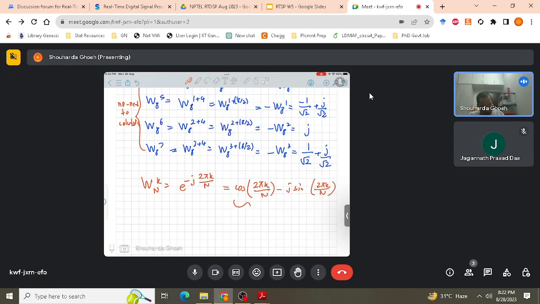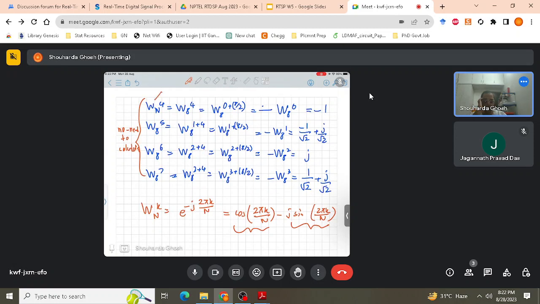You have to calculate cosine, you also have to calculate sine, both of them. So that's why I am talking about calculation. In these cases, Wn of 4, Wn of 5, Wn of 6, Wn of 7, you don't have to calculate their corresponding cosine and sine. You can rely on the earlier calculations and then just do negative.